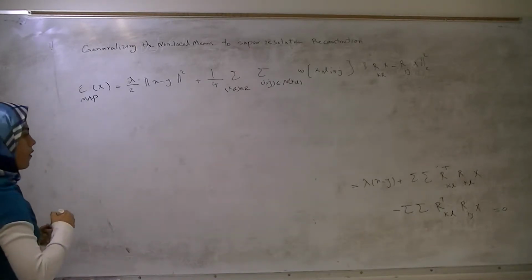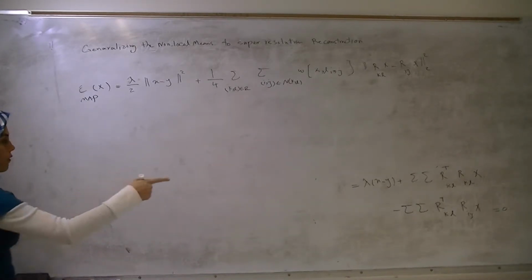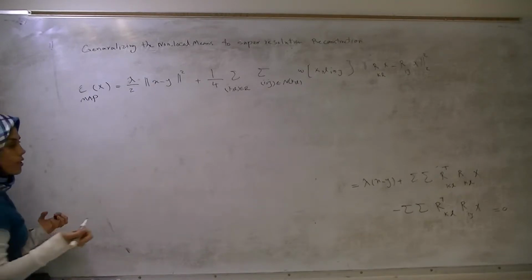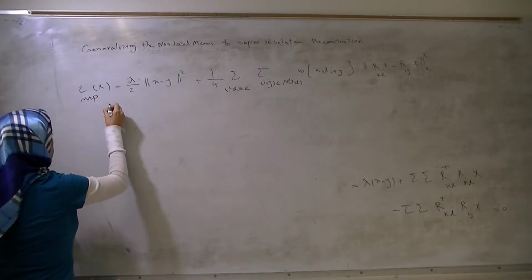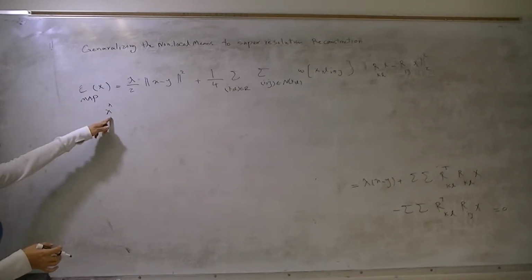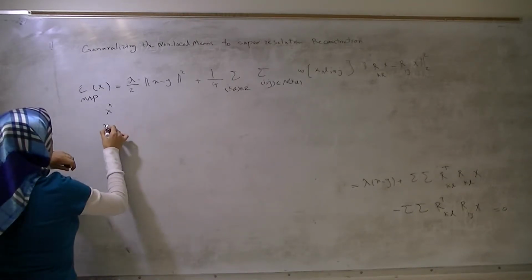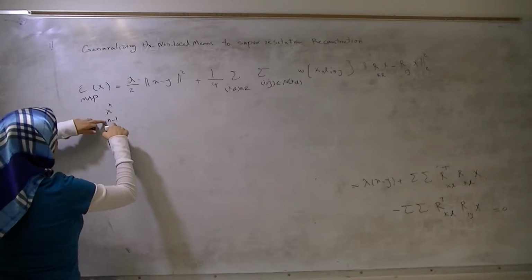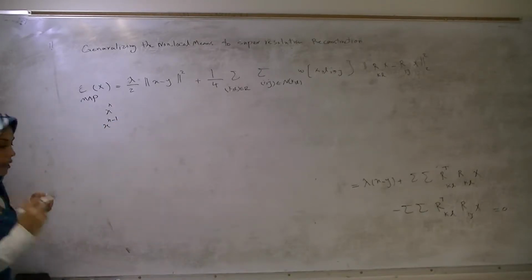Okay, so I want to solve this one with an iterative algorithm, where x_n is my current image, and x_(n-1) is the previous x.